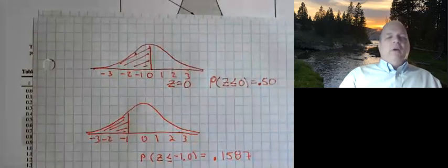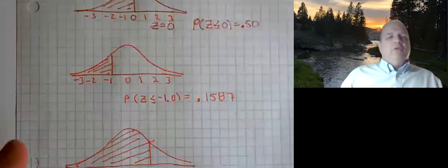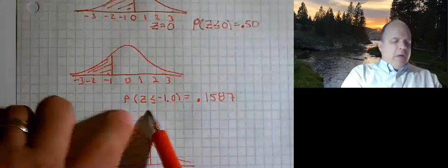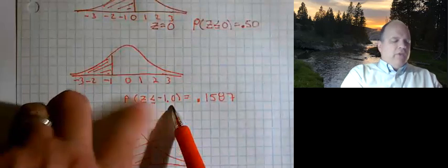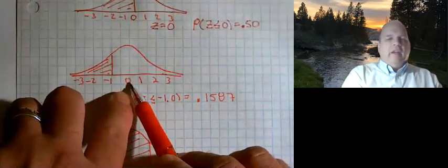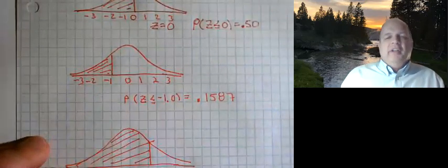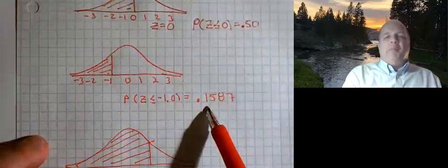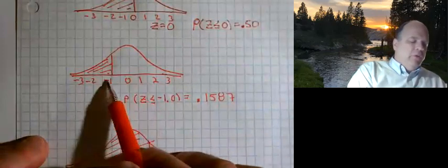All right, so our very first one that we're going to do, and we should always draw the picture. It'll help you out. So -3, -2, -1, and I want the probability of getting a z less than -1. Well, first off, because it's below 0, I know it's going to be less than 50%. That said, all probabilities are positive. So I'm going to end up with some sort of positive probability, but it's going to be less than 0.50 because it's below 0.